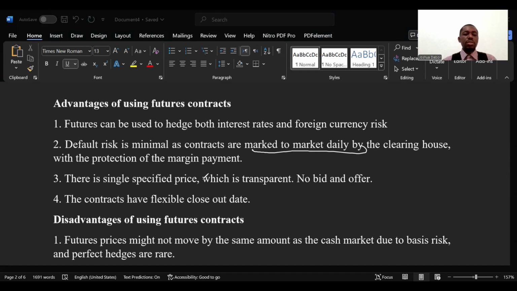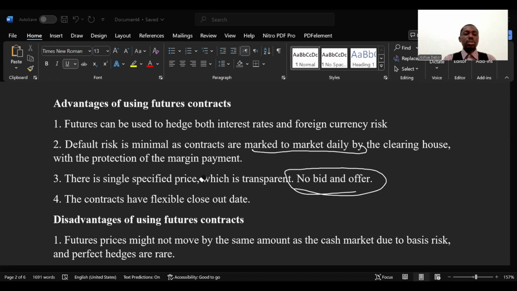Number 3, there is a single specified price, which is transparent, no bid and offer price. For your forward rates, you have something like bid and offer price, where the bank buys at a particular rate and sells at a particular rate. But for the futures contract, the price is transparent.